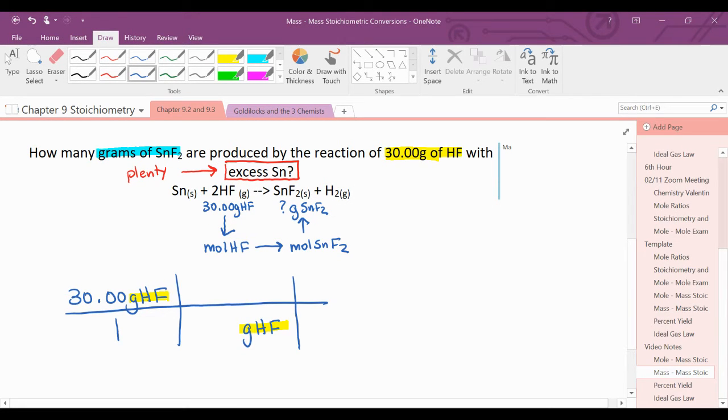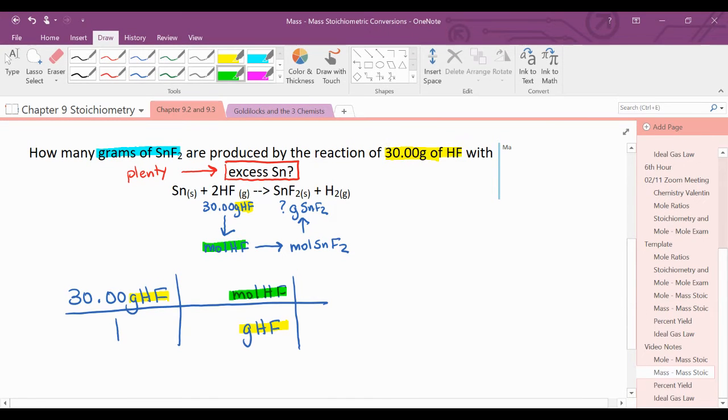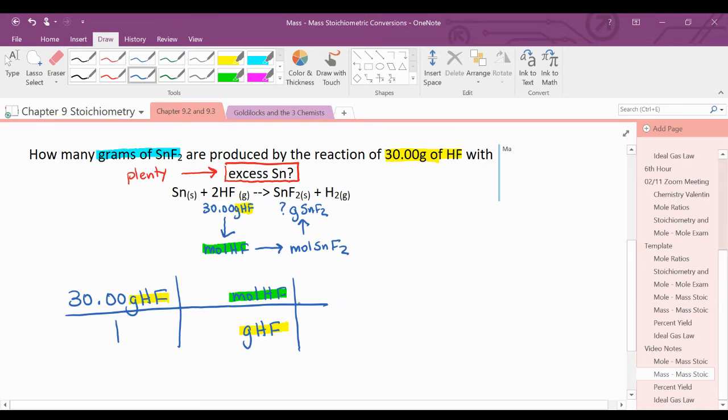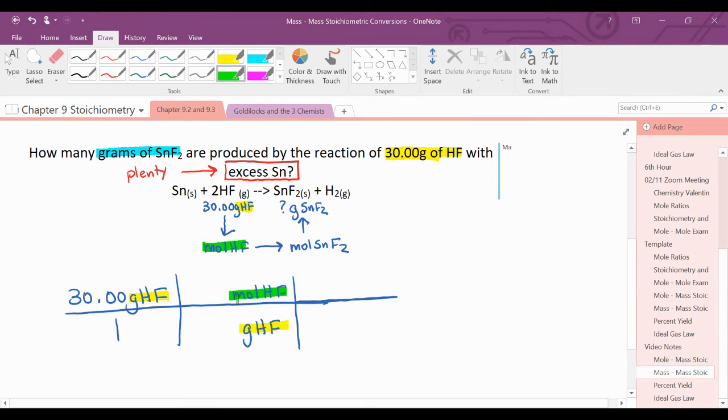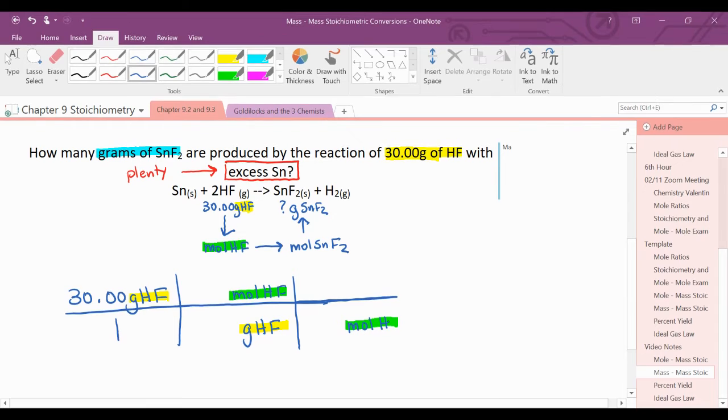You can see here that I'm at grams of hydrogen fluoride, and I can convert to moles of hydrogen fluoride. That's a conversion I can make. The units moles of hydrogen fluoride at the top of my first conversion factor, I bring down to the denominator of my second conversion factor.